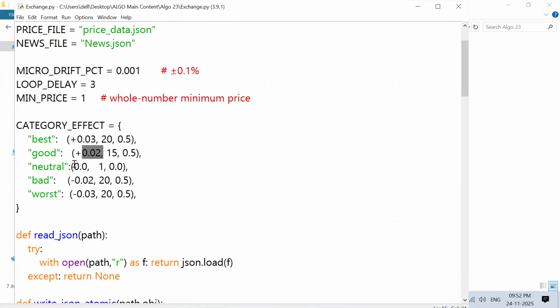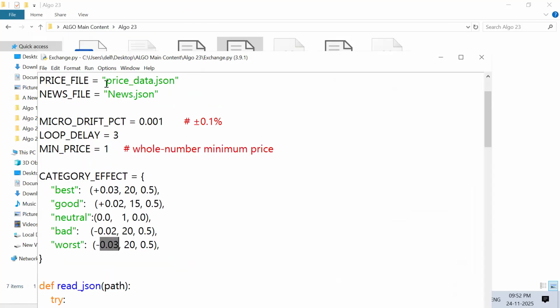If the neutral news comes, then it is not going to change anything. When bad news comes, 2% fall. When worst news comes, 3% fall. I have decided this randomly, like 3% for best news and 2% for good news. It might be more than that sometimes, or less than that.